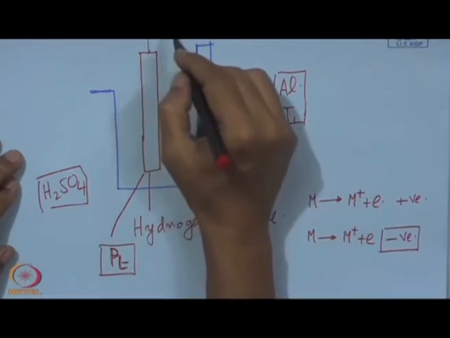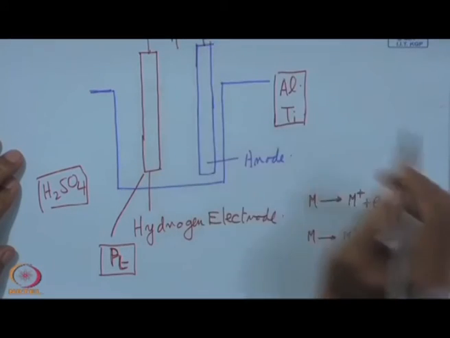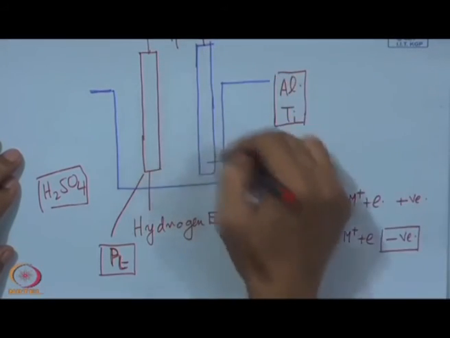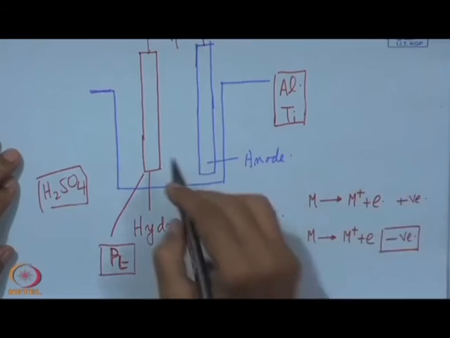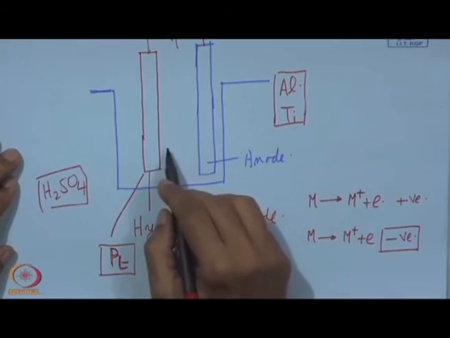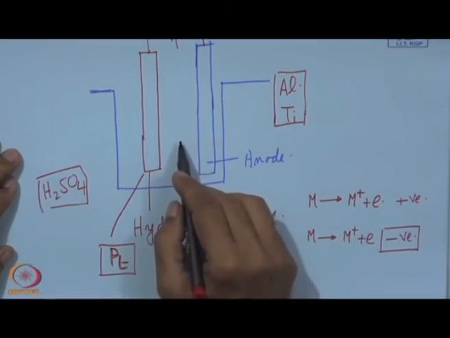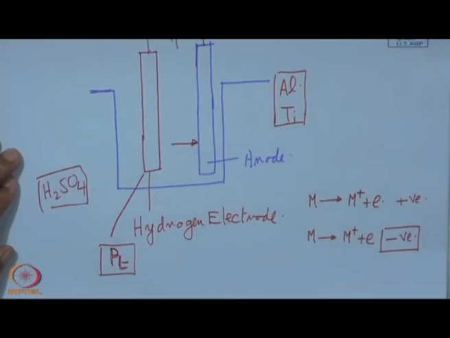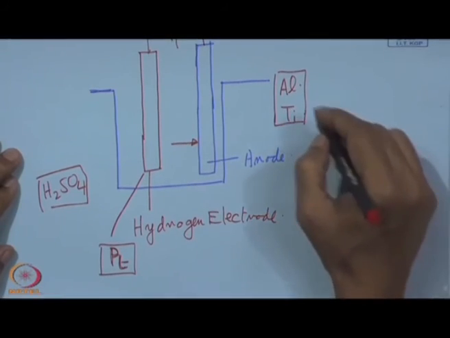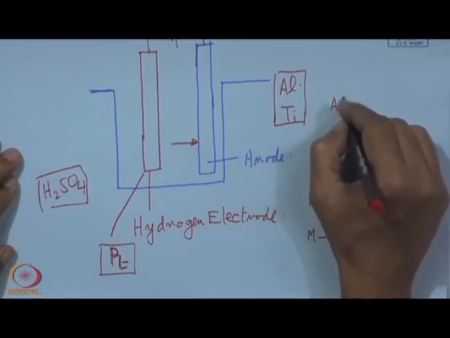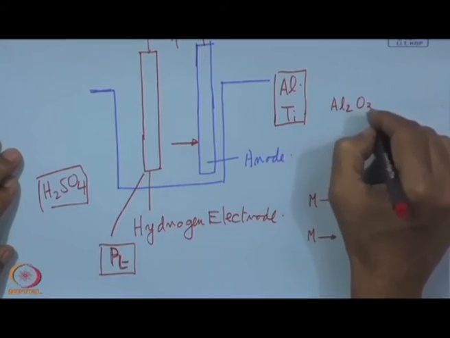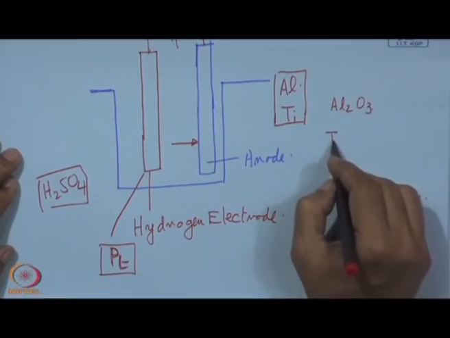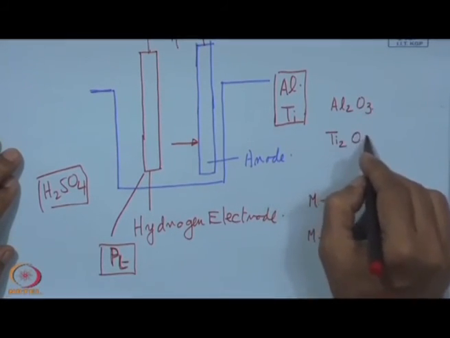If we switch on the battery in this case, then this is going to be the anode. The oxygen will come to this side and try to have anodic action over this surface, leading to formation of the oxide. It can also happen with titanium, with Ti2O3.